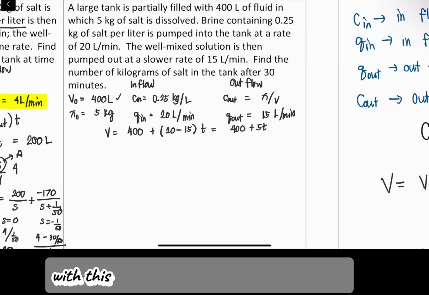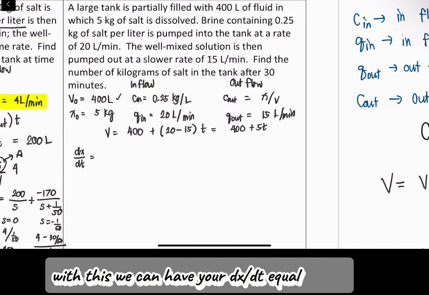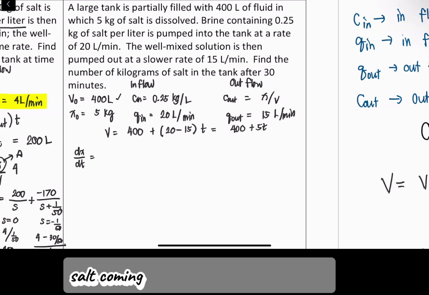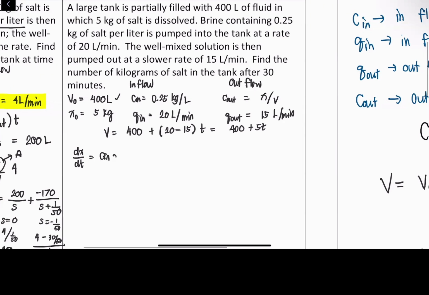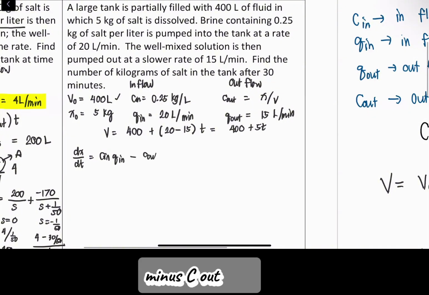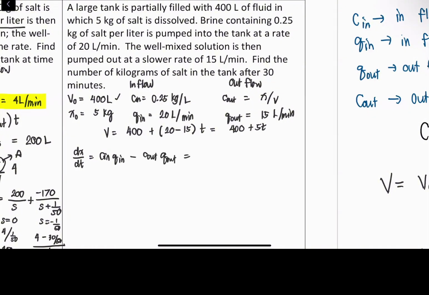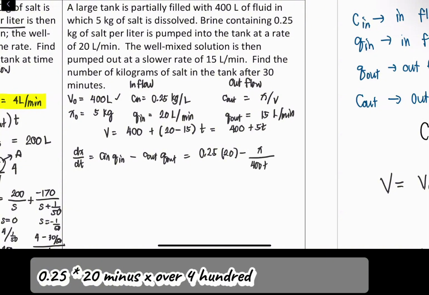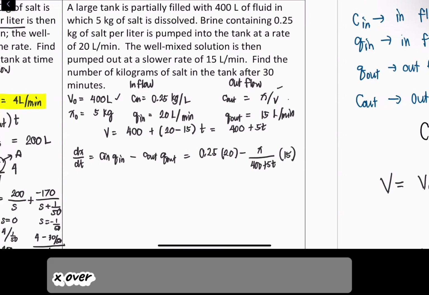With this, we can have dx over dt equal to the salt coming in, so that would be C in Q in minus C out Q out, equal to 0.25 times 20 minus x over 400 plus 5t times 15, x over v.